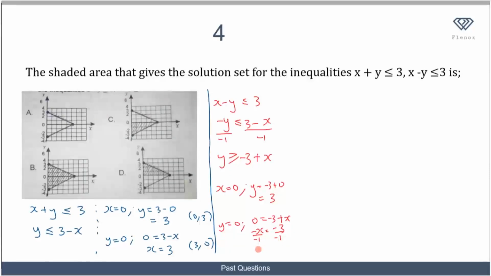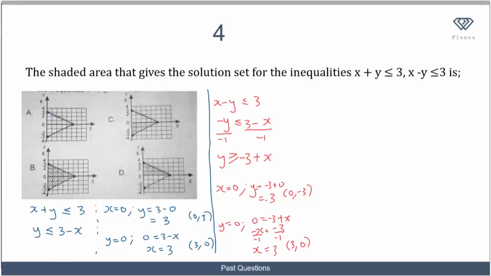If I divide both sides by minus 1, my x is equals to 3. So the coordinates here are 0, minus 3 and 3, 0.